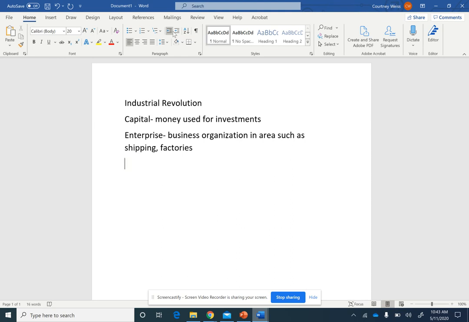Many businessmen are willing to risk their money, their capital, to invest and build here because they think that in the long run, this enterprise will make them more money. An entrepreneur is somebody who creates their own business.